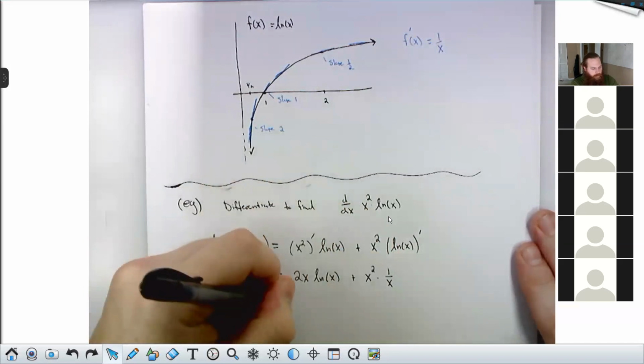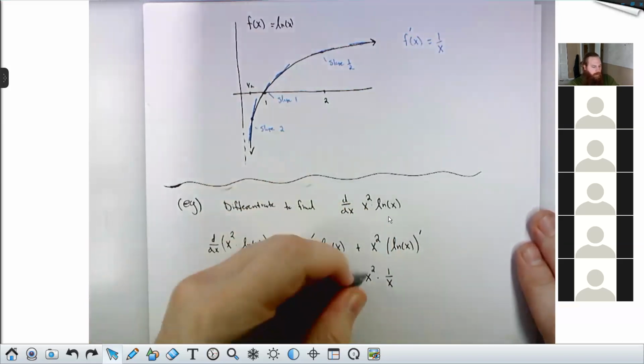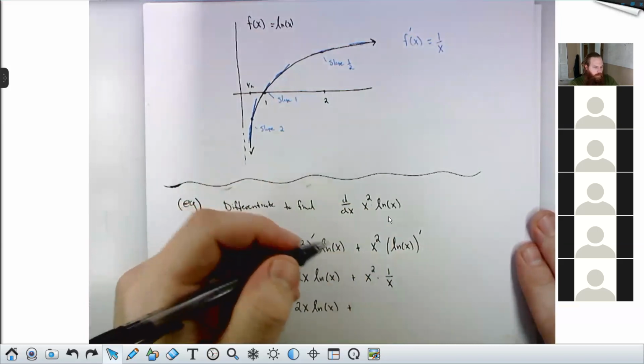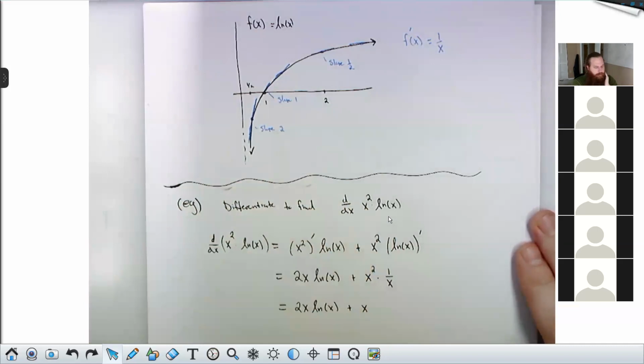And we can clean this up just a little bit. This is 2x ln x plus x squared times 1 over x. Oh, well, that's just x.